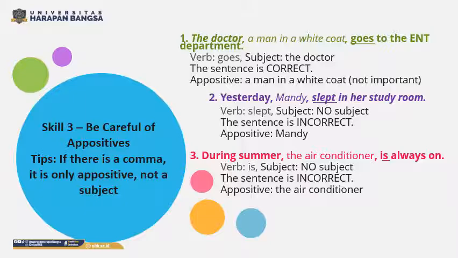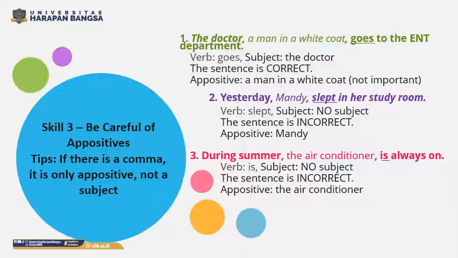A man in a white coat only describes or only gives an information about the doctor. Which doctor? Dokter yang mana? Laki-laki yang memakai jas berwarna putih. That's the doctor. So that's why a man in a white coat is not the subject. Not important. The subject is the doctor. Now, take a look at the sentence again.